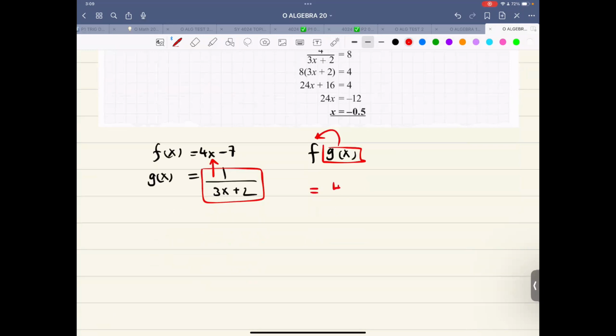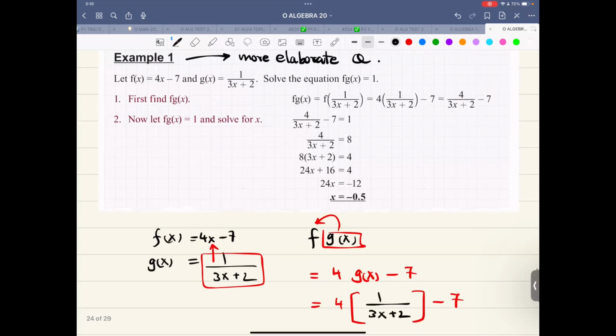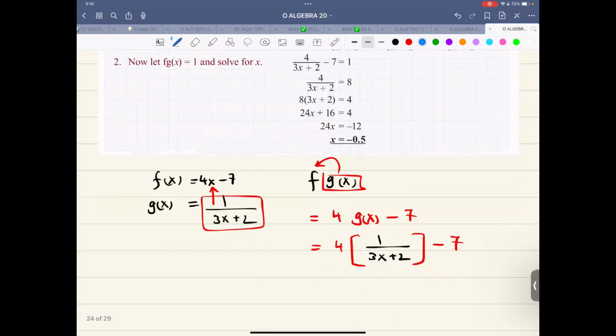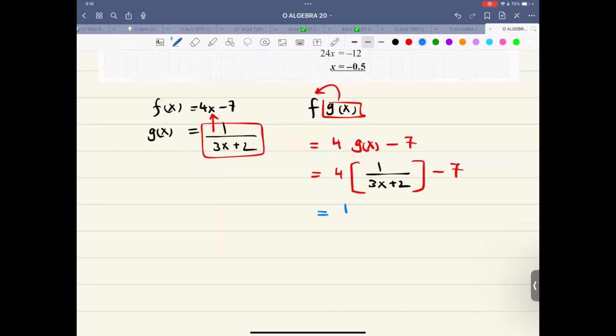So therefore, this is 4gx minus 7. That is 4 into this bracket minus 7. What is this bracket? This bracket is 1 over 3x plus 2. No need to simplify. Just equate it to 1.